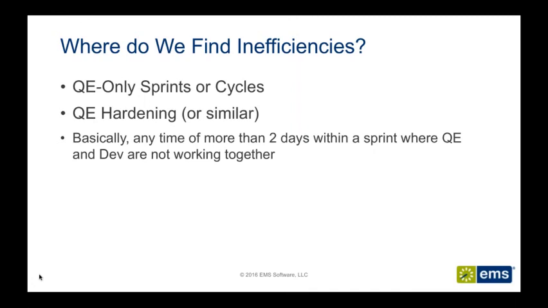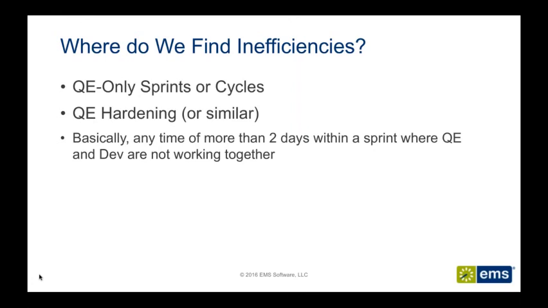And then we have QE hardening, and it's really sort of the same thing, where towards the end of a cycle, we may have a sprint or two where it's just QE hardening. That concept is not necessarily a bad practice, but we tend to use that QE hardening sprint as essentially a catch-all bucket of things that we weren't doing as efficiently all the way to the left of where we're getting to that piece, right?